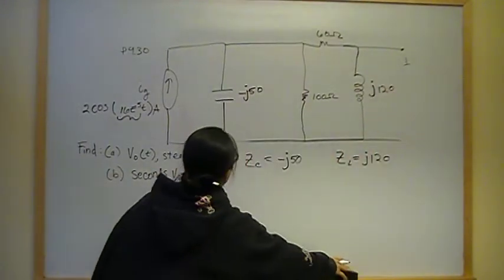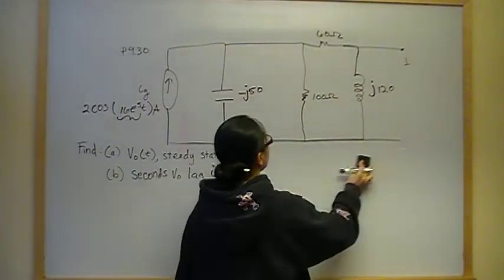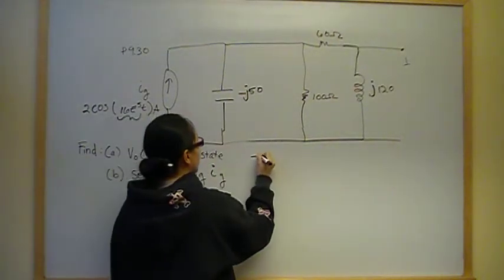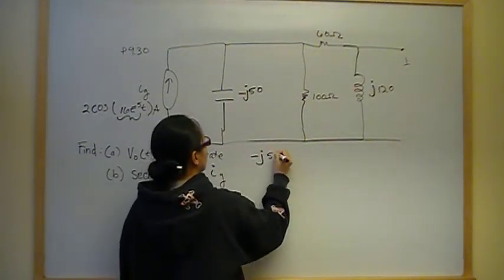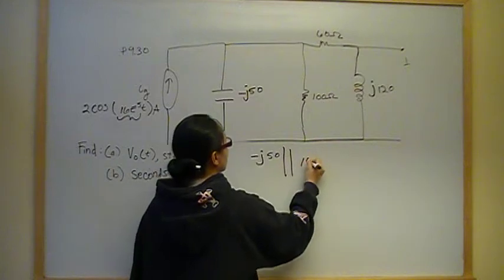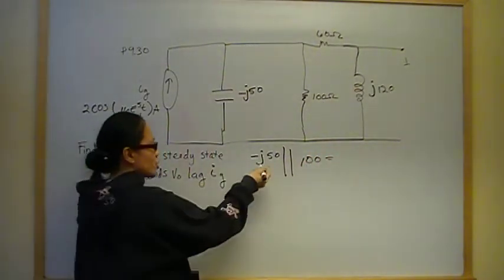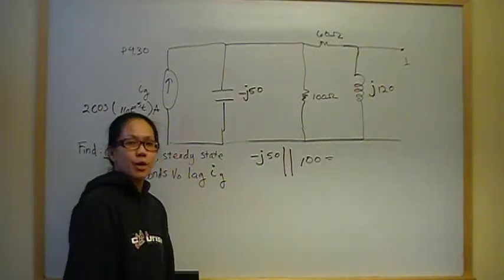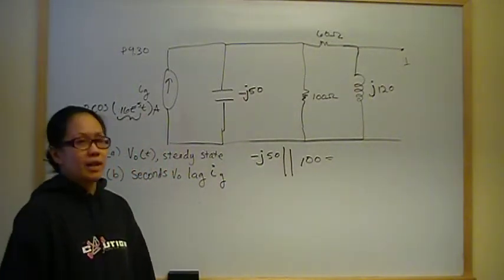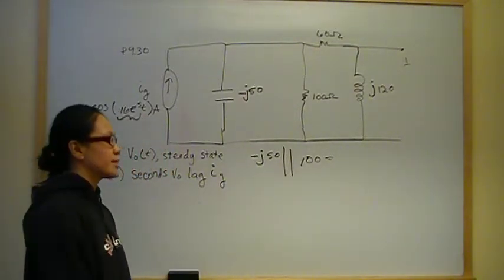So now what I've got here is minus J50 in parallel with 100. So I'm going to simplify that. This is just a number, this is just another number. When you have impedances in parallel, it's exactly identical to resistors in parallel.